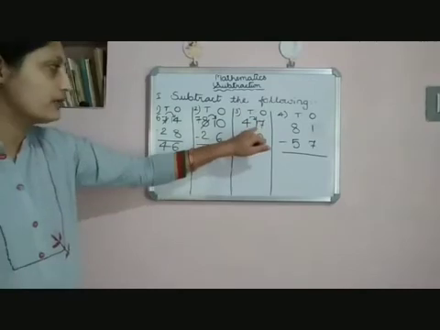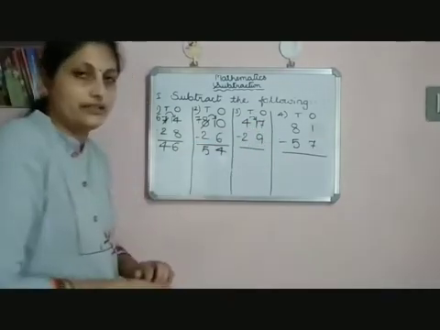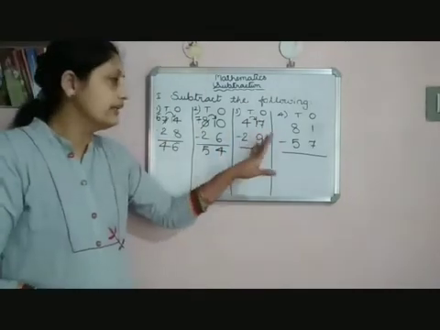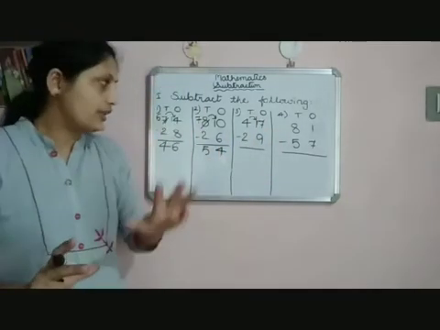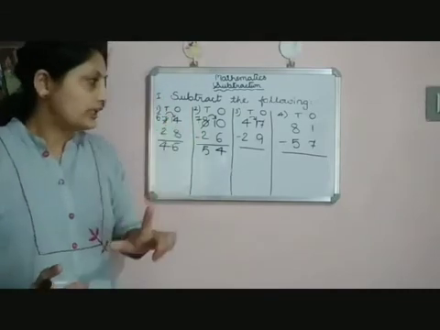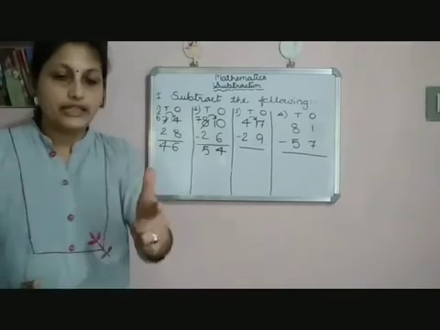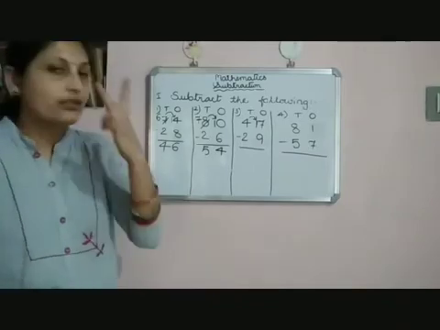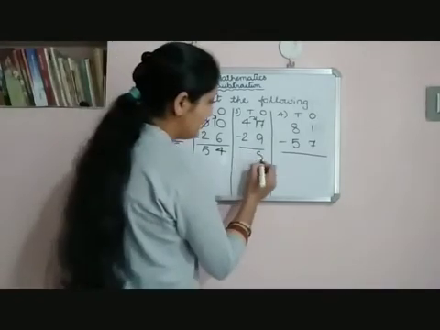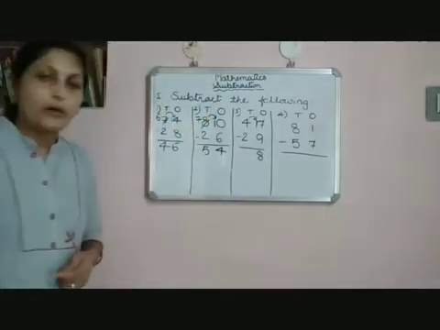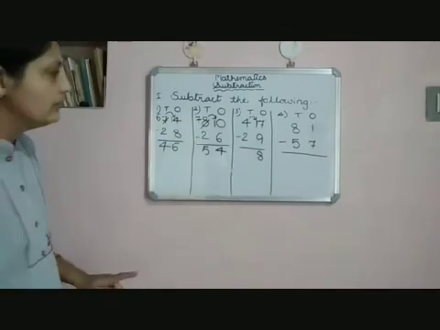So write before the 7, it is 17. 17 minus 9. 17 in your mind, 9 in your hand. 17 before 16, 15, 14, 13, 12, 11, 10, 9, 8. So write 8 in the ones column. Okay, 17 minus 9 is 8.